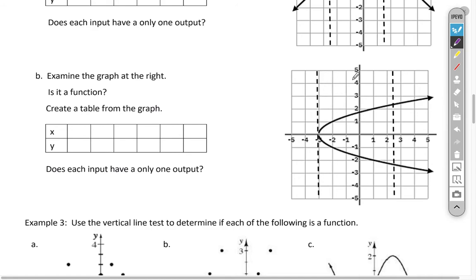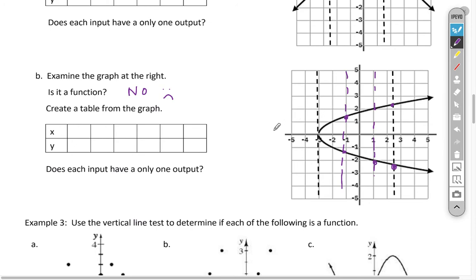If we had a vertical line here, we're touching 2 points. If we had a vertical line here, we're touching 2 points. And just like the vertical line that they already had drawn for us here, we've got 2 points. So that tells us that no, this is not a function, okay?